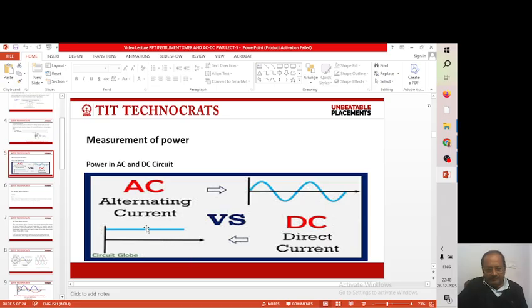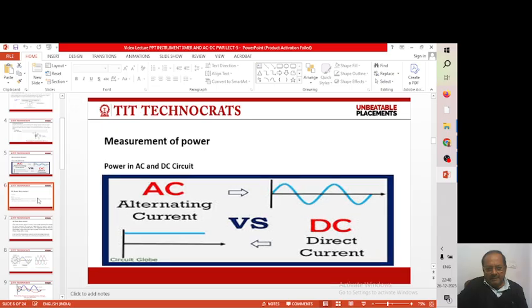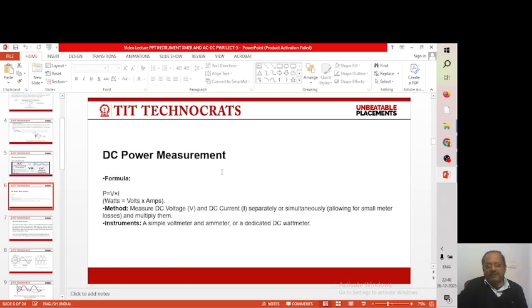So the power measured in a DC circuit is directly the product of voltage and current.